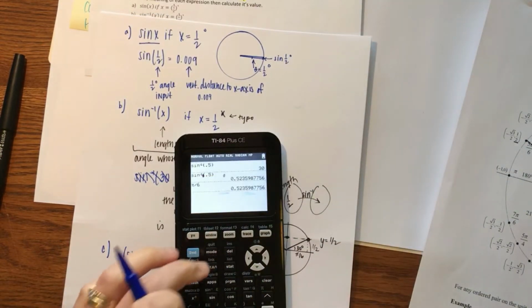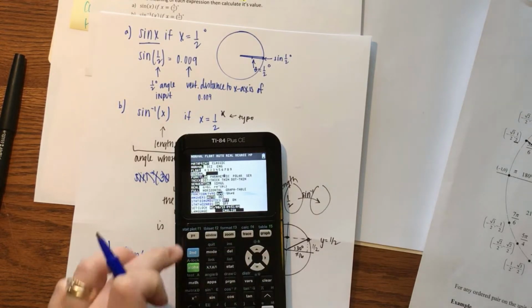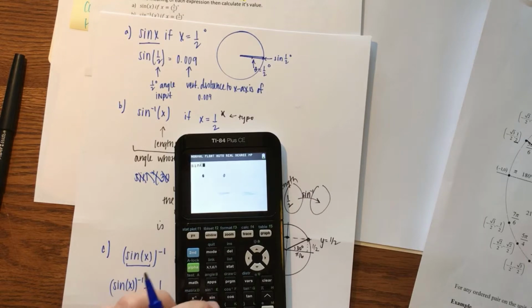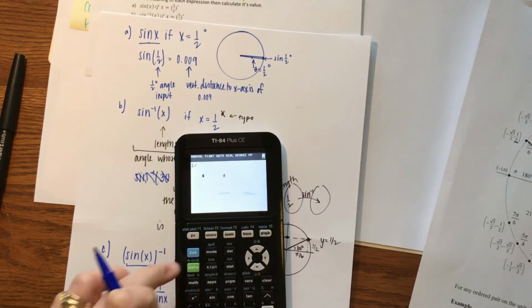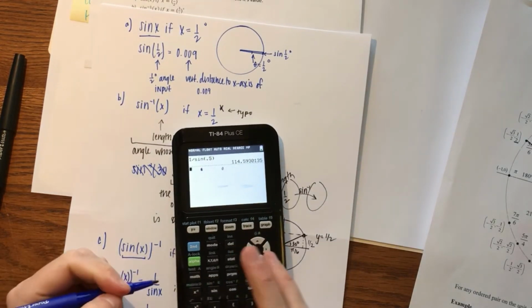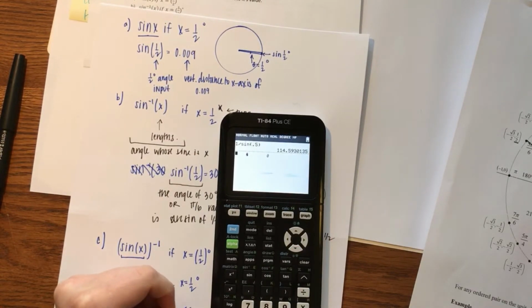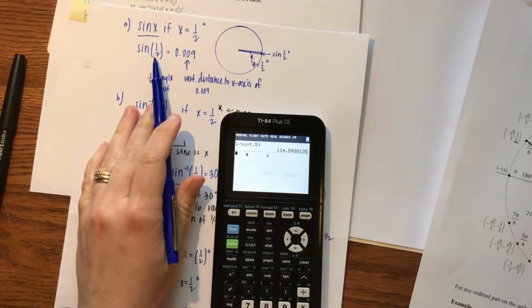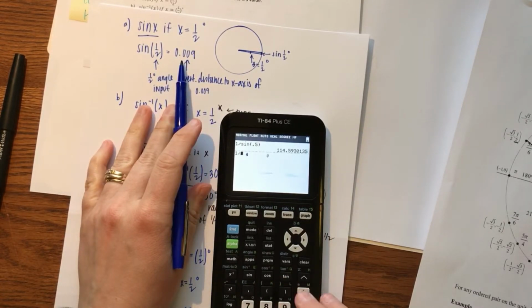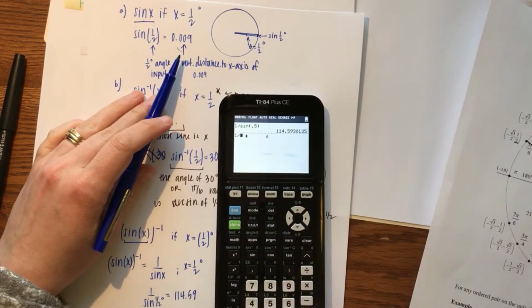and we can compute that in degree mode. Mode, degree, quit, 1 over sine of 0.5, which is 114.59, which should make sense because it's also 1 over, if we look at the solution in the first case, 1 over 0.009.